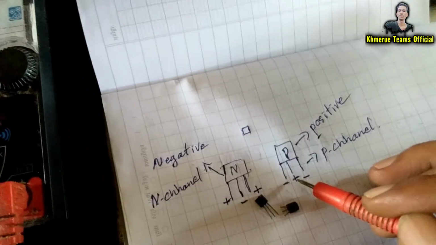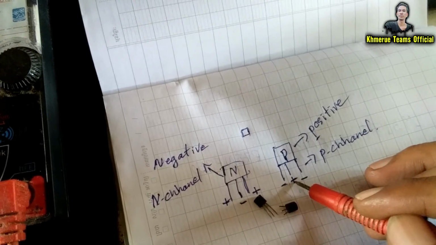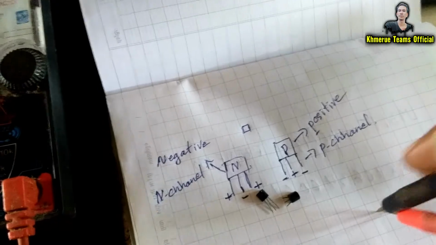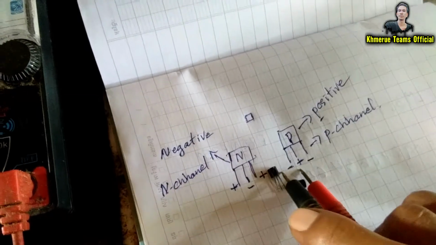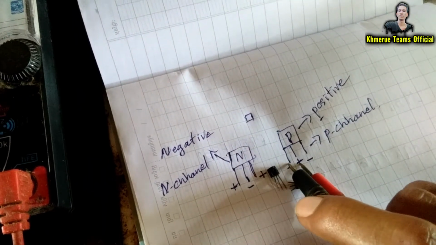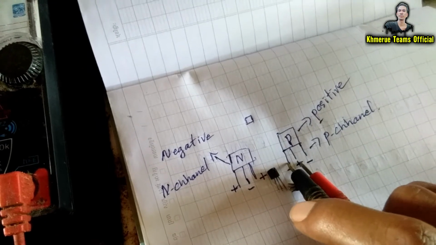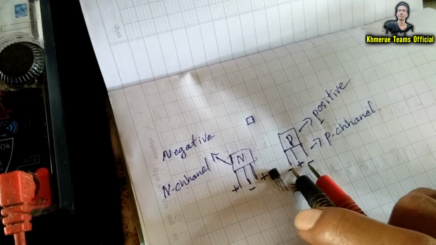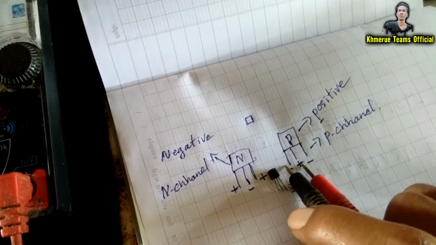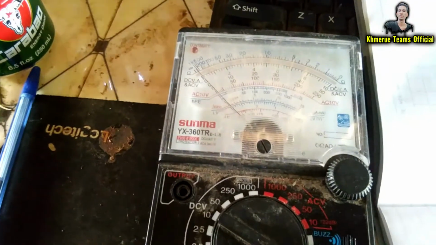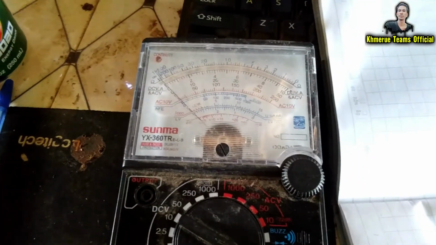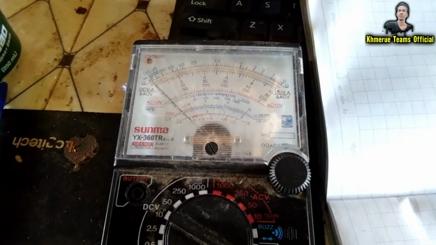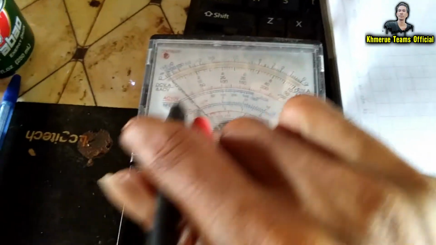The positive only works when you measure like this. Now I'm going to give an example. If you are using red on the cross mark and black on the hyphen mark, the meter will go to other numbers.